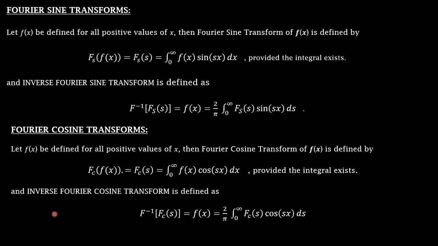Then the corresponding inverse Fourier cosine transform is given by F_c inverse of F_c of s is equal to 2 by pi integration of the Fourier cosine transform of the function f of x multiplied with cos sx ds, where the limits of s are varying from 0 to infinity.